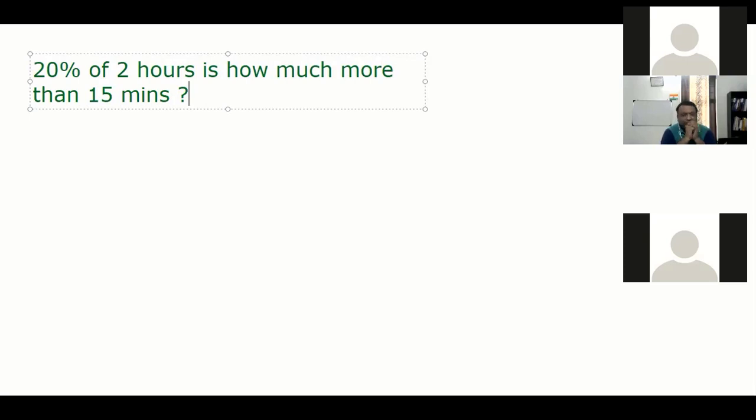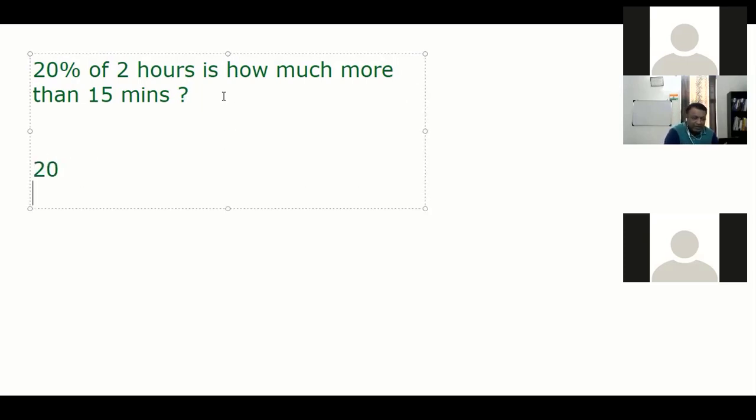Tell me. Tanishka says 10 minutes. What are others? 20% of 2 hours. It is not difficult at all. 10 minutes, Shreya says. Shreya, explain.